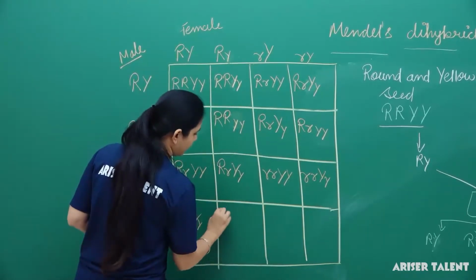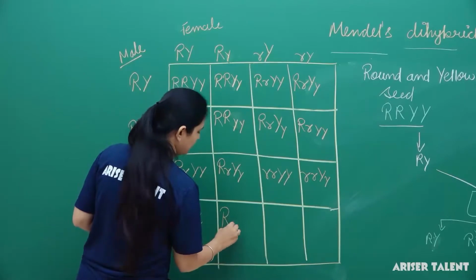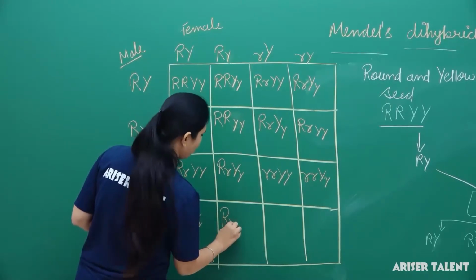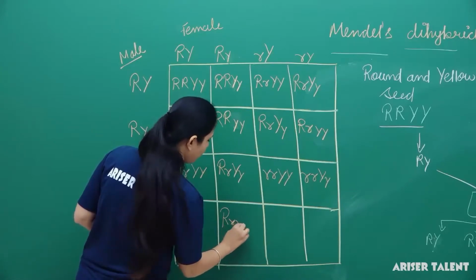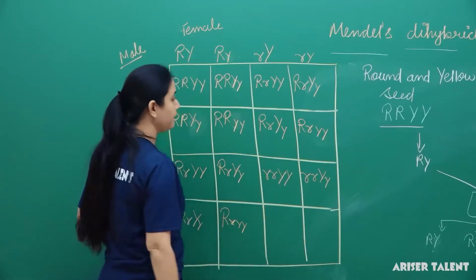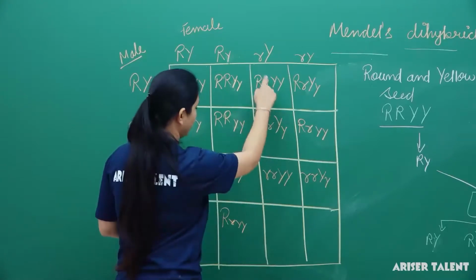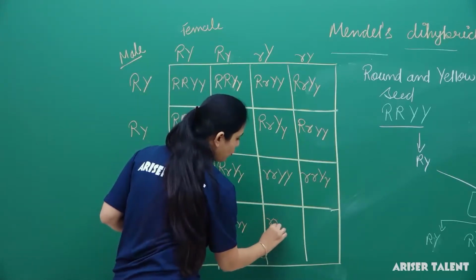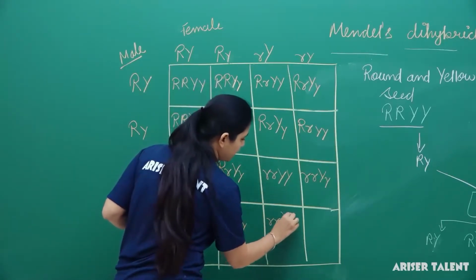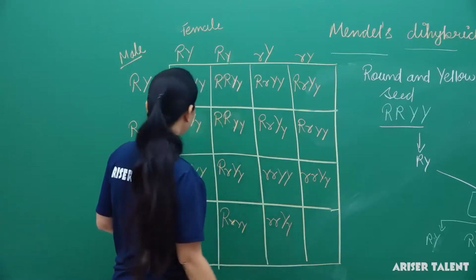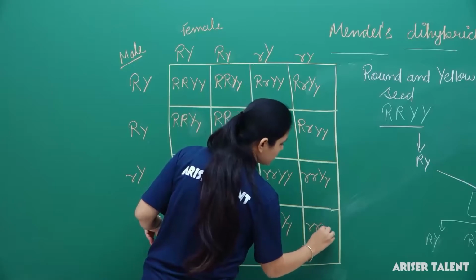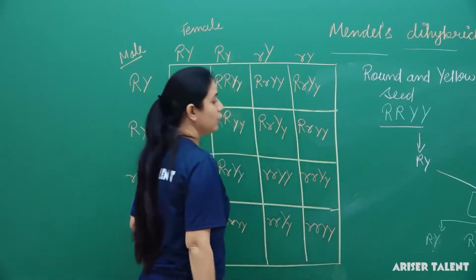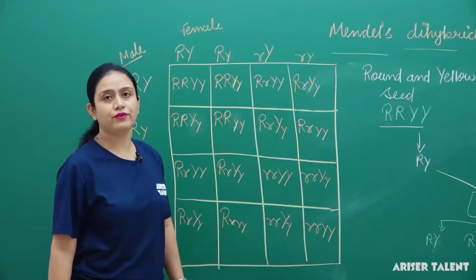Then capital R and small y, small r, small y and small y. Then here small r, capital Y and small y. And again small r, small y, small y. So this was the result of F2 generation.